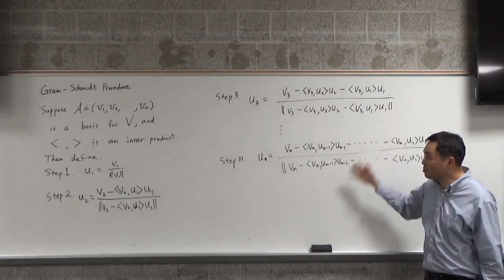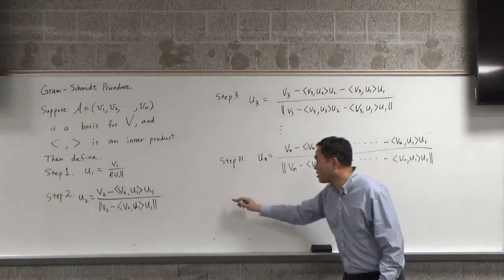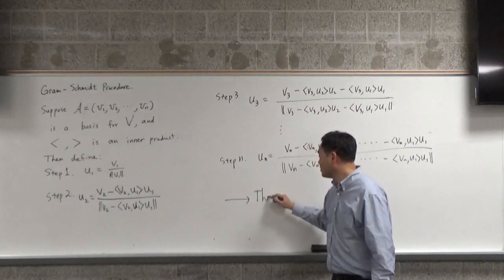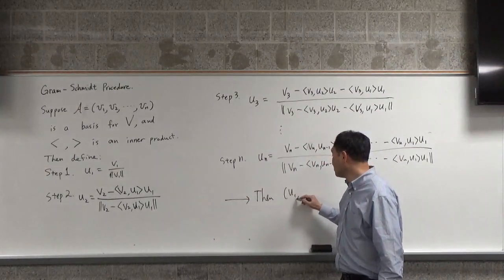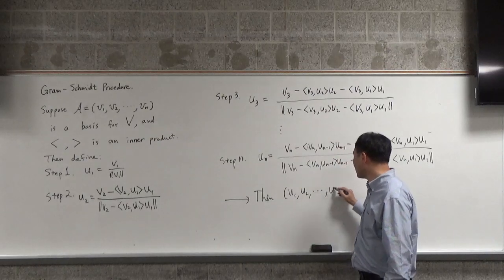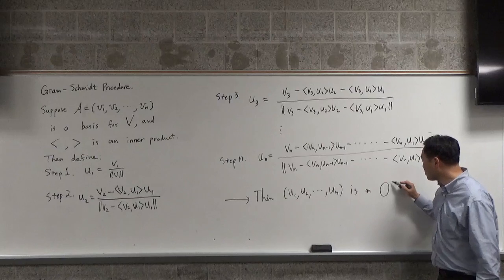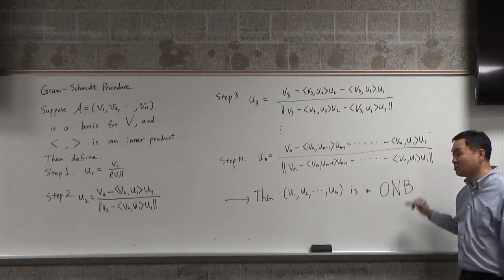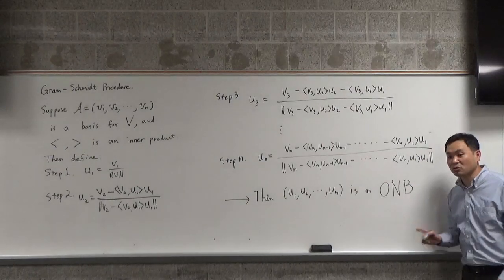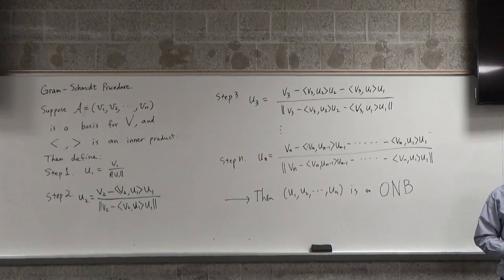And if you do this, then the outcome is that u1, u2, up to un is an orthonormal basis, ONB. ONB means orthonormal basis.